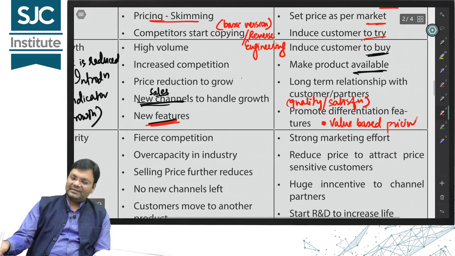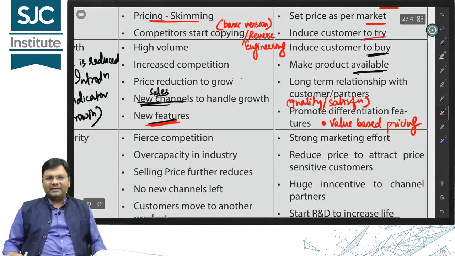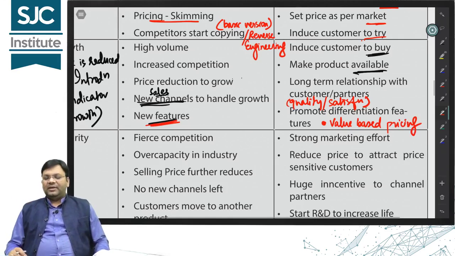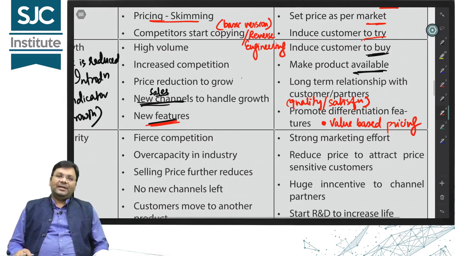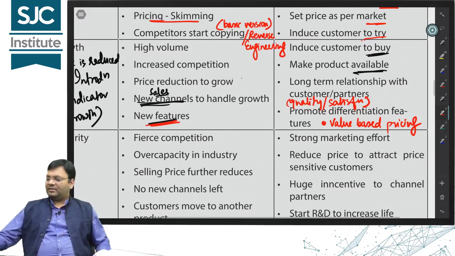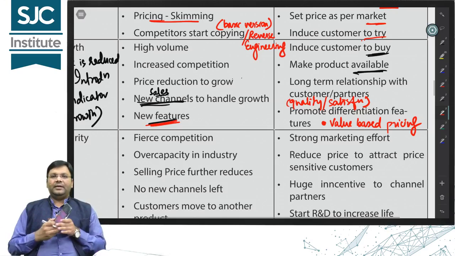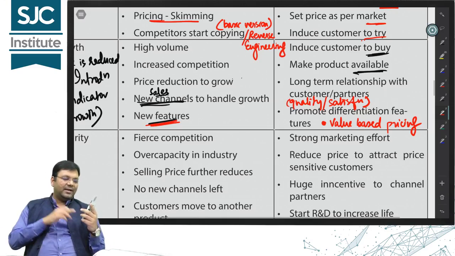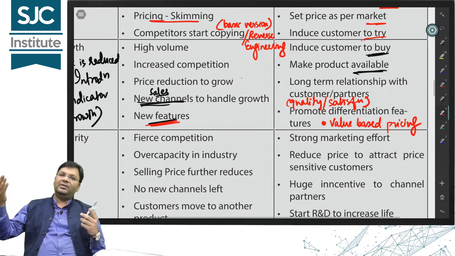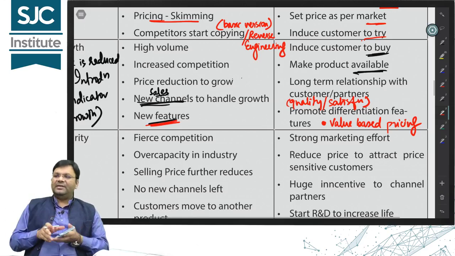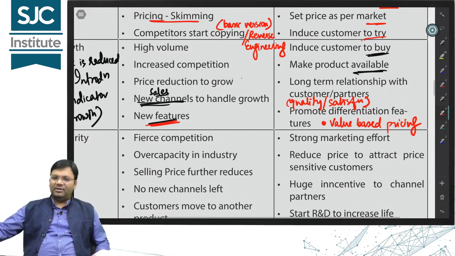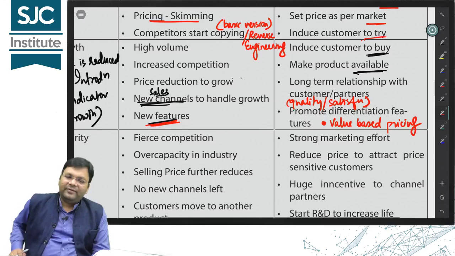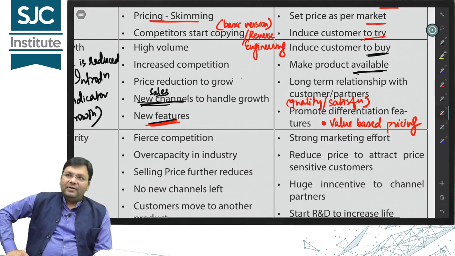Value based pricing is a new pricing strategy that we will do again in the pricing chapter, but still something you should know about. Say this is my phone. I will price it by comparing this product with other phones available in the market. So I'll see what is my next best alternative. If something similar to my phone is coming at say 50,000 rupees, then I will also see what extra features I am giving in my product.